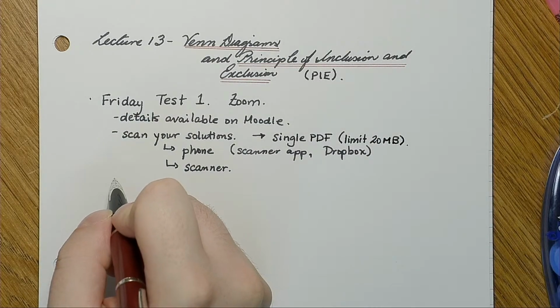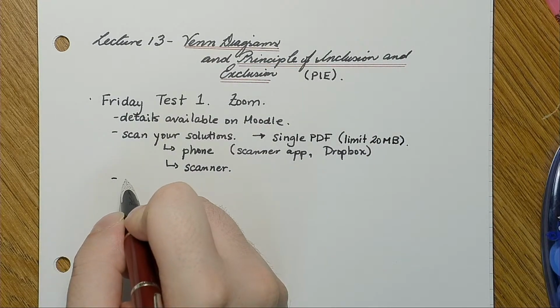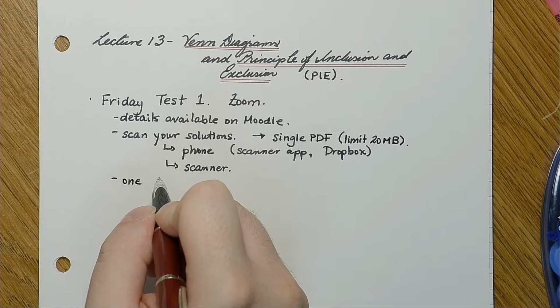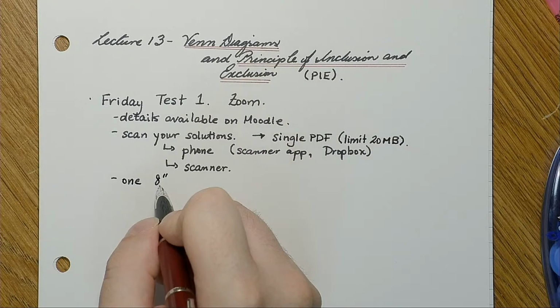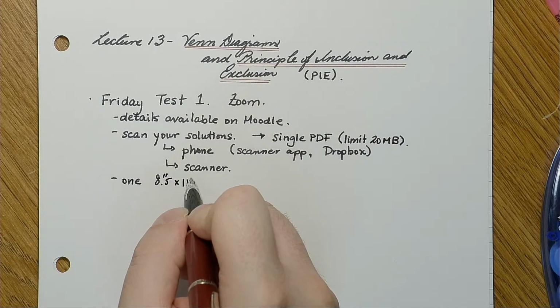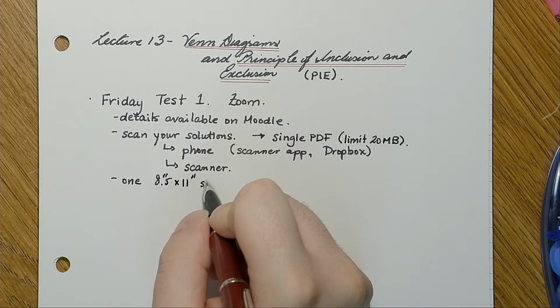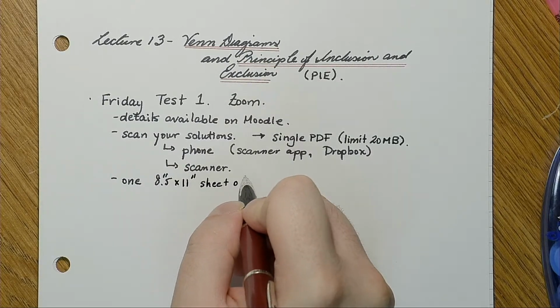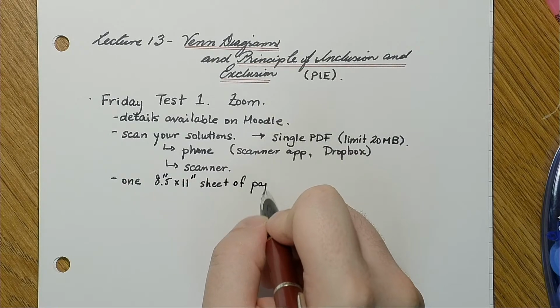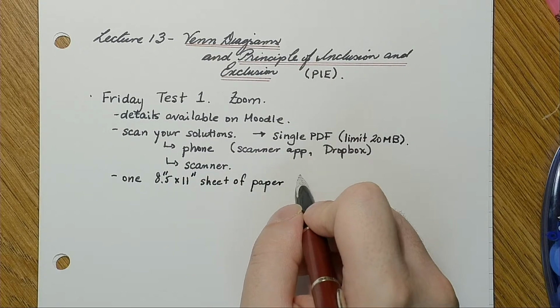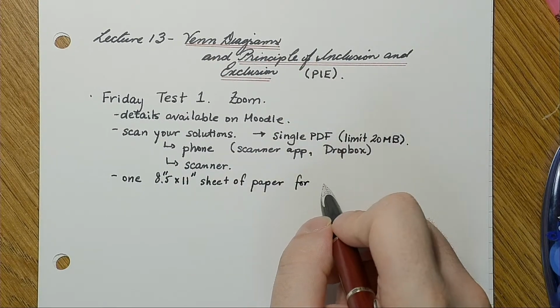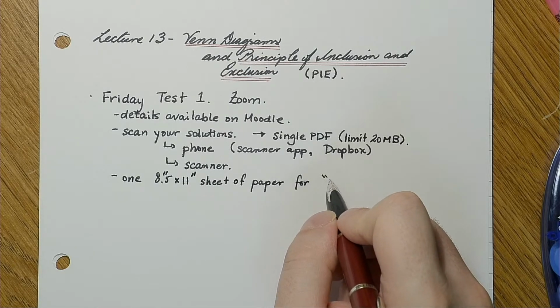The additional comment is that you'll be allowed one 8.5 by 11 sheet of paper for a cheat sheet.